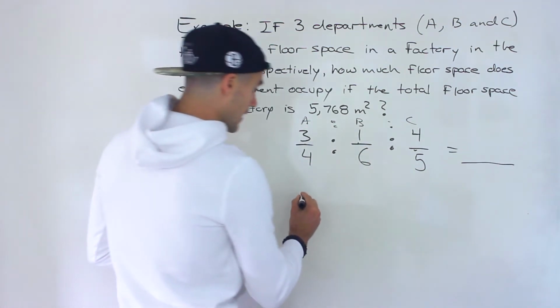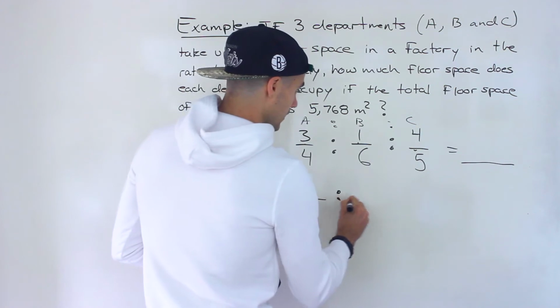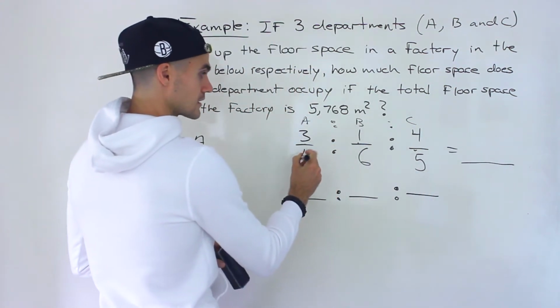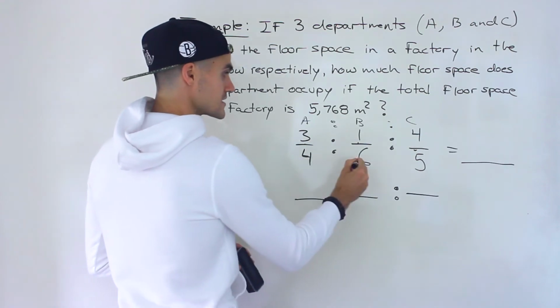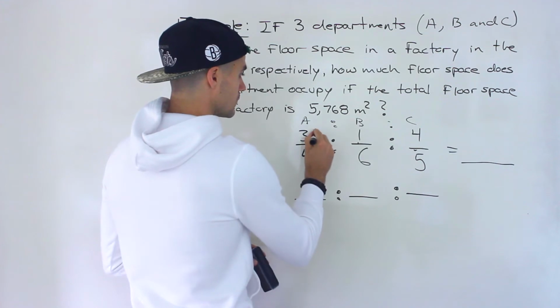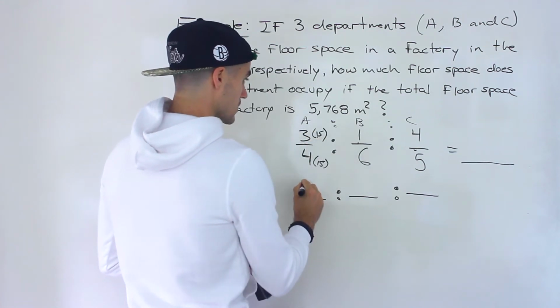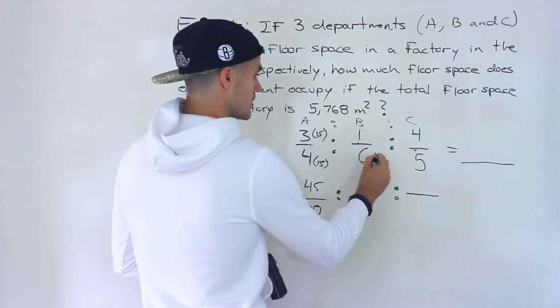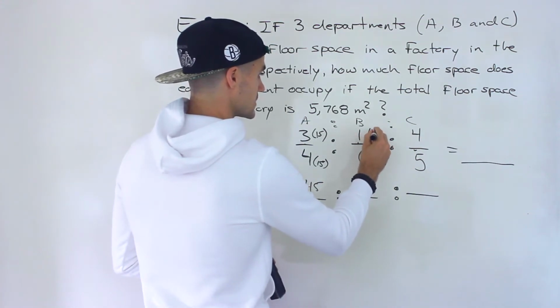And the way you would do that is you would get a common denominator between all these. So notice that the common denominator between 4, 6, and 5, the lowest common denominator would be 60. So we'd multiply this by 15, multiply the top by 15. So this would be 45 over 60. Multiply this by 10, this by 10.